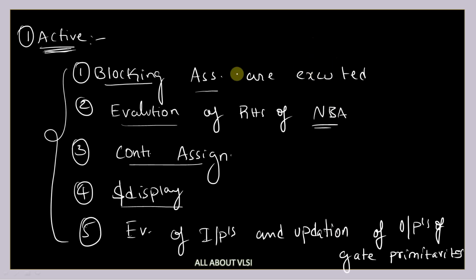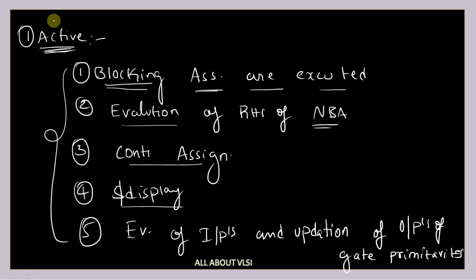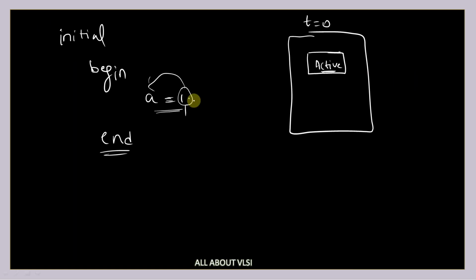In the active region, blocking assignments are executed. That means the value of the right hand side will be assigned to the left hand side. We are using a blocking assignment, right? This will be executed in the active region. Blocking assignments will be executed in the active region. Afterwards we don't have any time slot or any display statement, so simulation will end. Okay, this is case one.